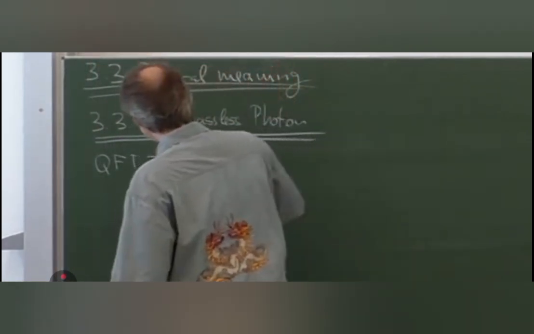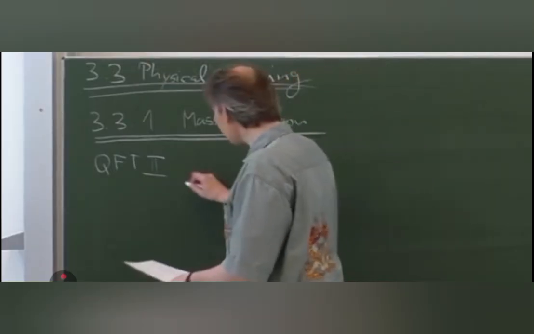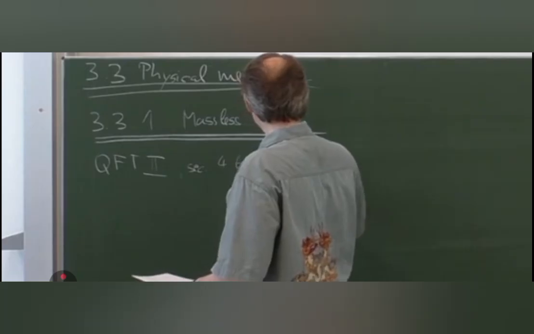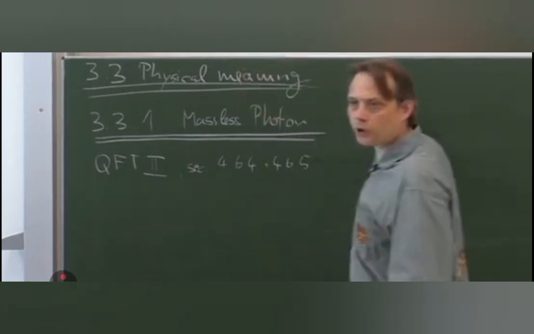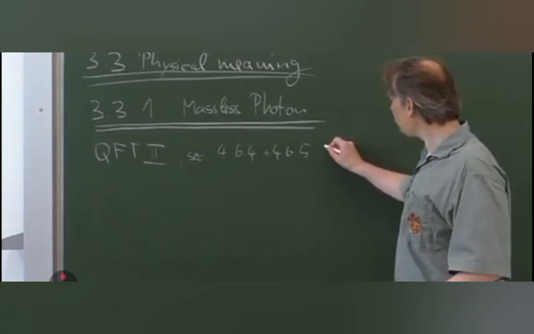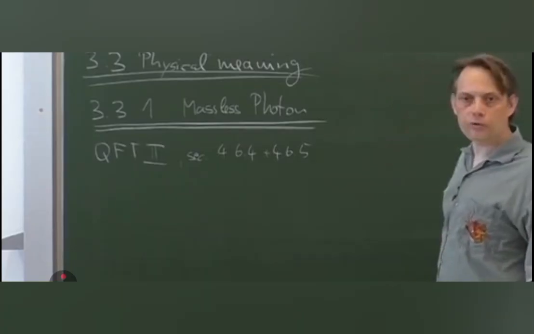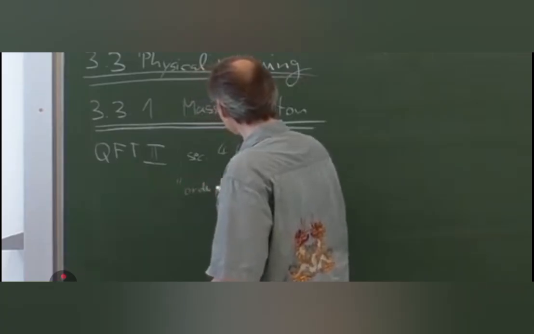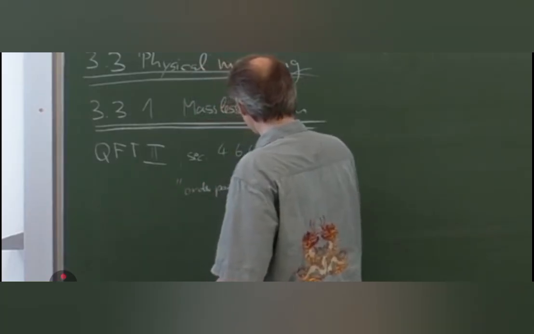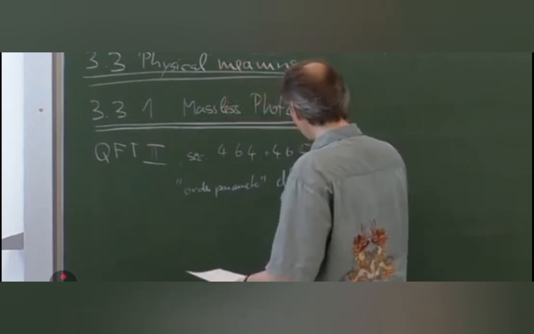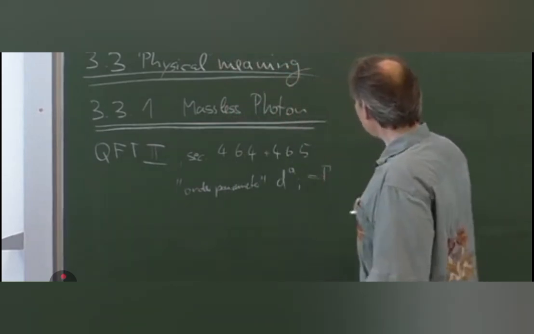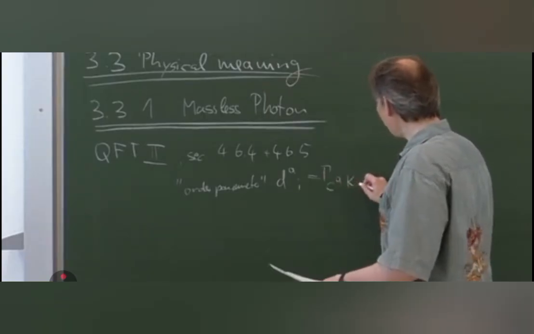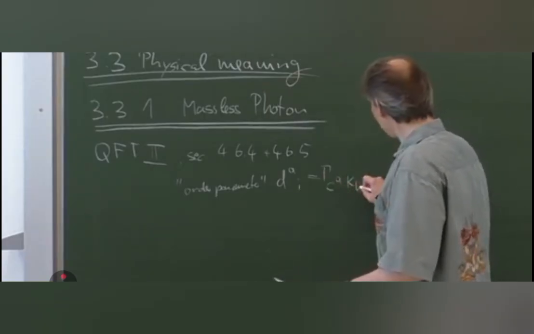And so here we use something from the Quantum Field Theory 2 lecture, where we had sections 4.6.4 and 4.6.5, where we discussed exactly Slavnov-Taylor identities in the context of spontaneously broken gauge theories, where we had this would-be order parameter d_Ai, which is this two-point function involving a ghost c^a and a source K_Hi.